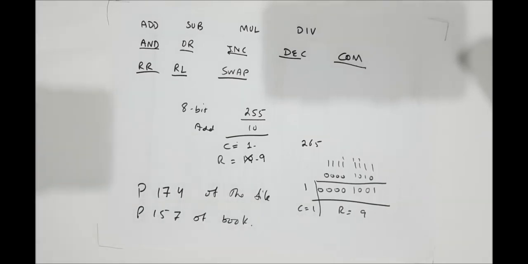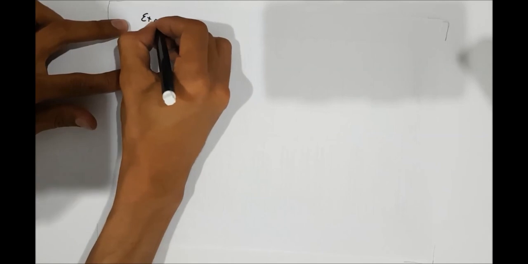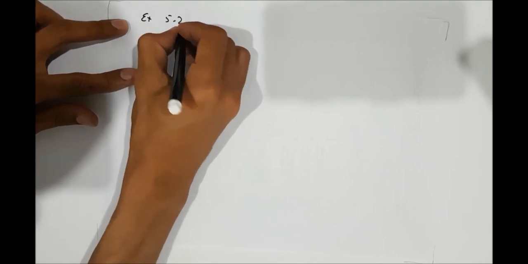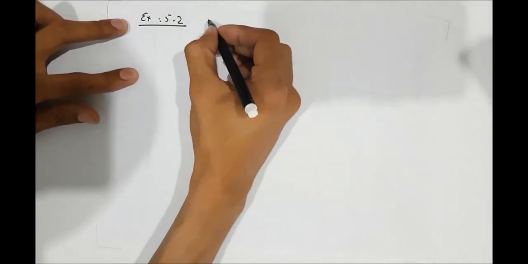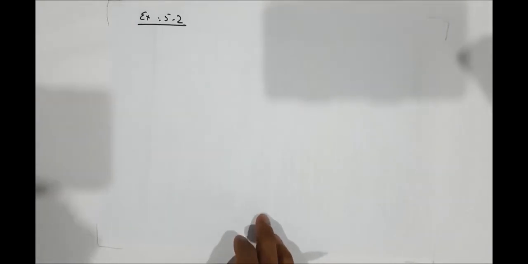We will do some examples from your Mazidi's book, and that will clarify how these instructions can be used to perform operations on numbers that are greater than 8-bit. Okay, so this is example 5-2 of your Mazidi's book.